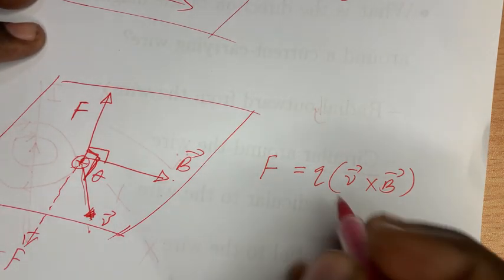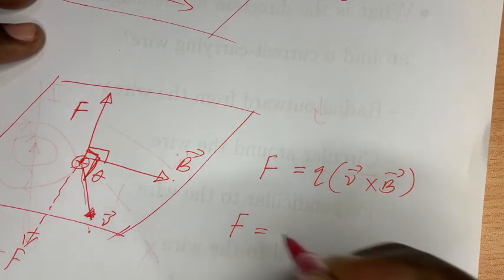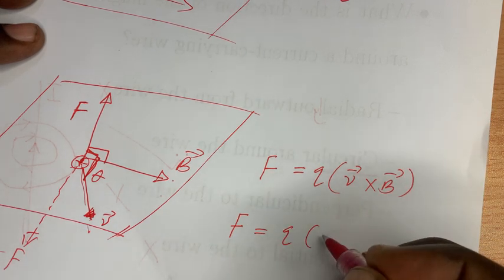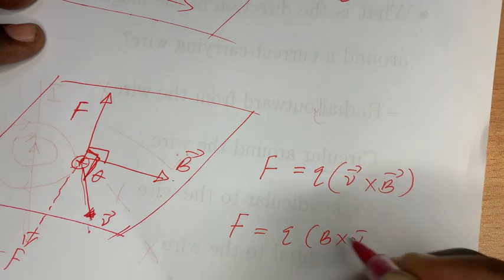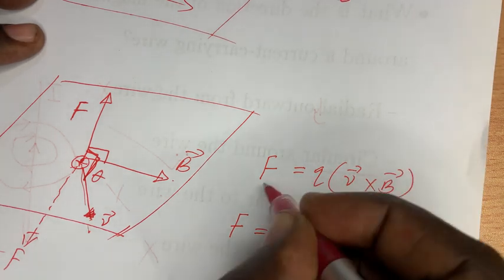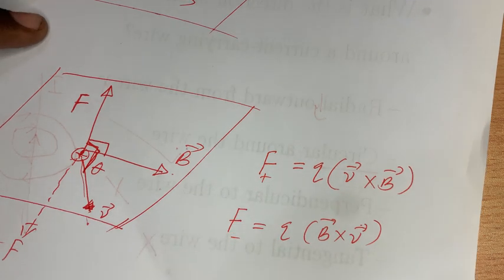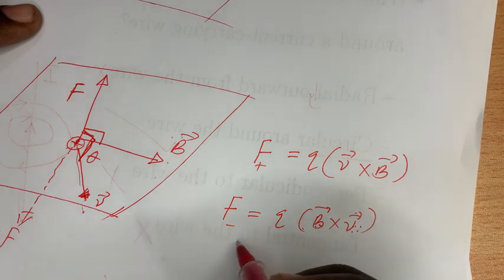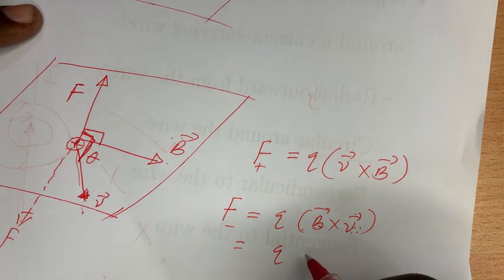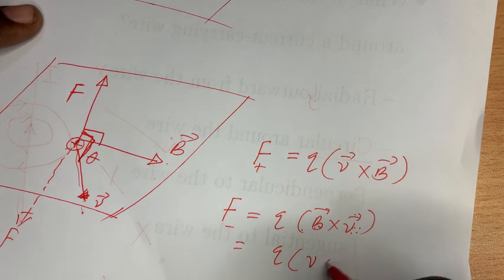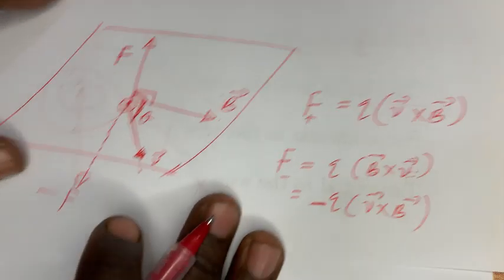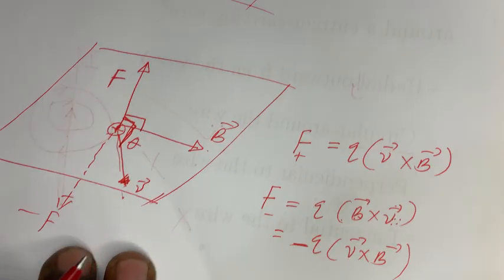Now my F will be Q B cross V. You see, if this is for a positive charge and this is for a negative charge, I have to reverse this, and if I reverse this one, my answer will just be the same as the other one, V cross B, but I have to put a negative sign here, and this is why we have minus here.